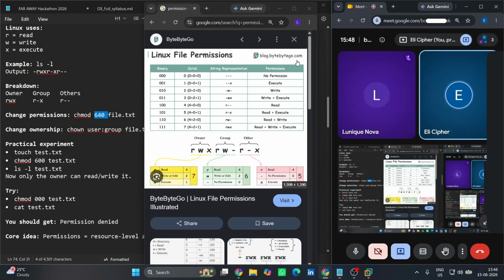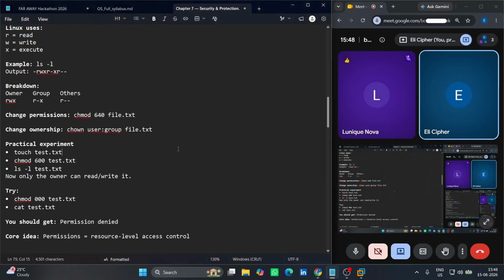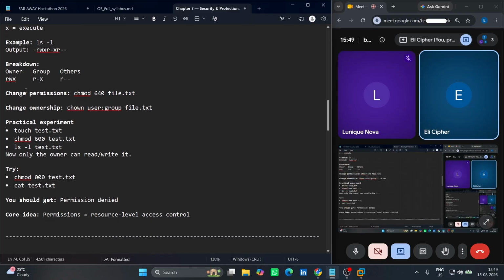It means you got it already. Have you taken the screenshot of this one? Okay, cut it down. So you can use chmod, the octal number, and either the file name or the location, right? To change the permission of the particular resource, right?